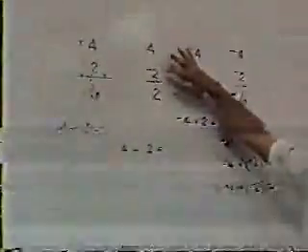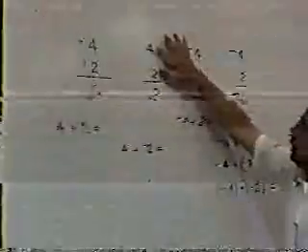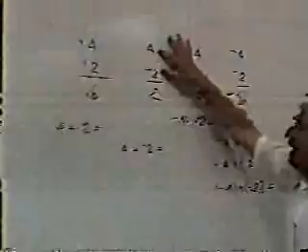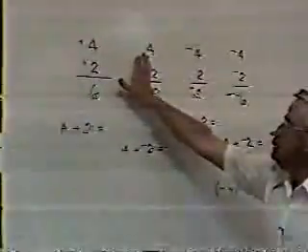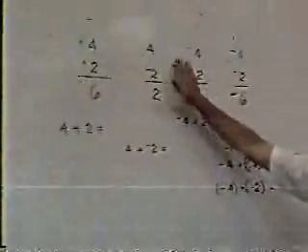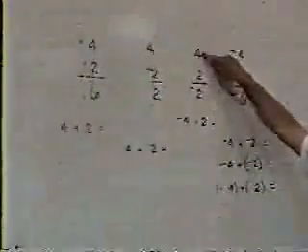Now here's the rule. When adding unlike sign numbers, you subtract the absolute values of the numbers. So 2 subtracted from 4 is 2. And then you take the sign of the largest. Now watch. When the signs are different, you subtract the numbers and take the sign of the largest absolute value number.